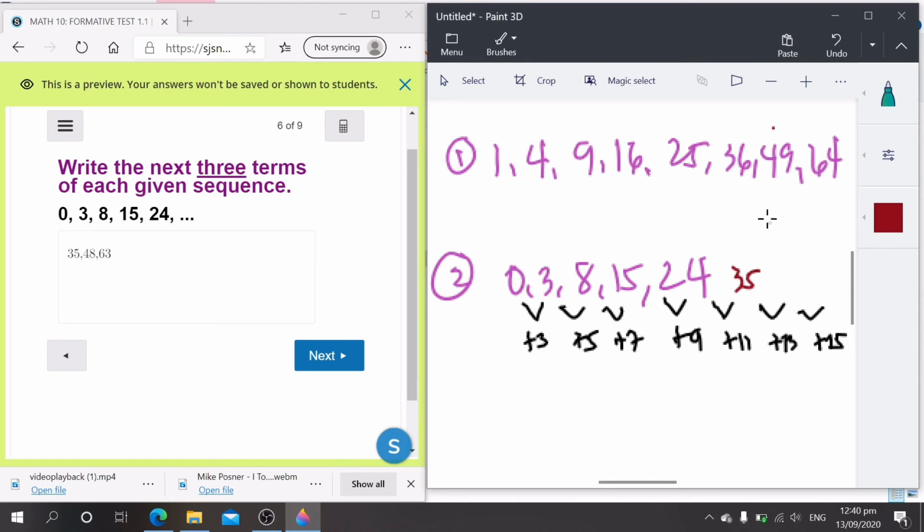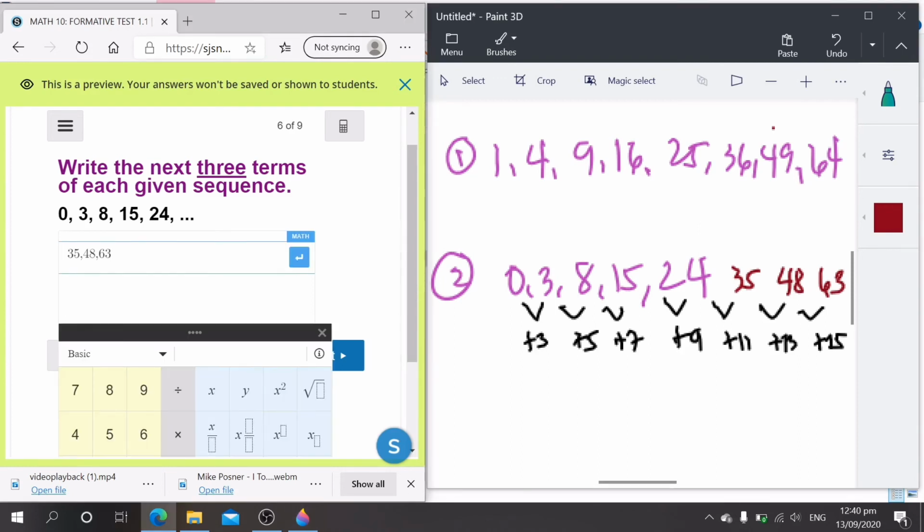Plus 13 is 48. Plus 15 is 63. Which is just the same as what we got. Okay? So, that's how we get this for that item.